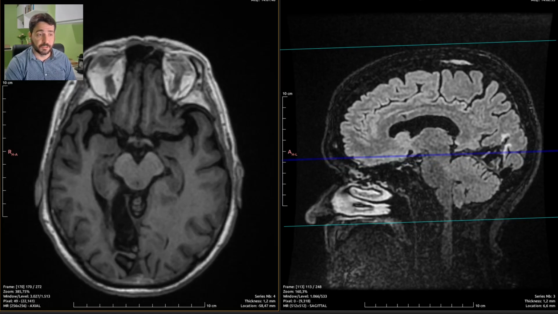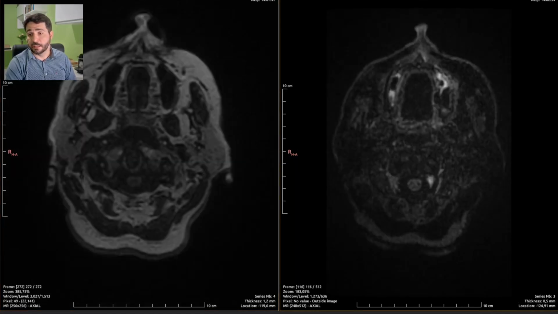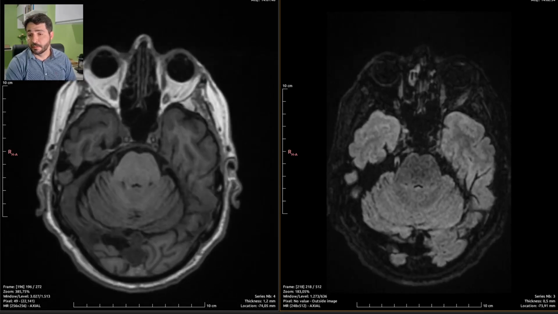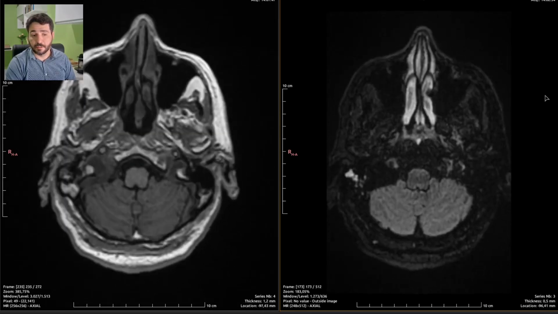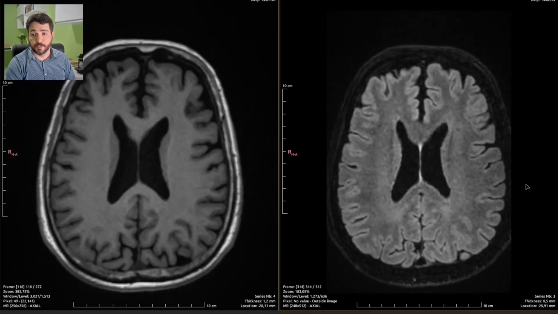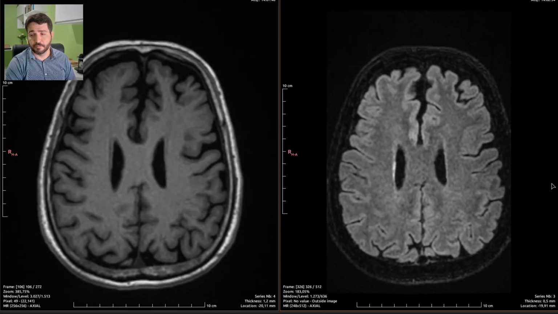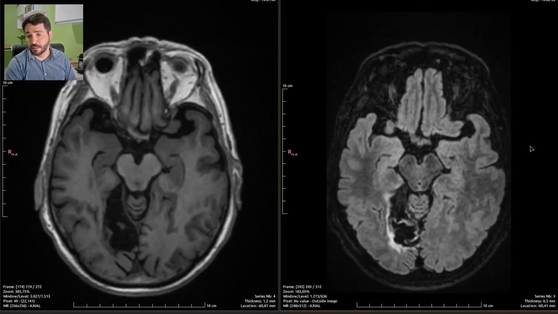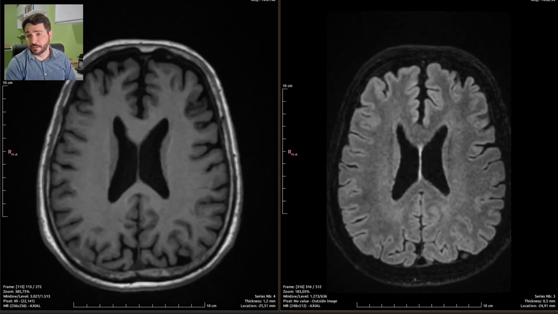This confirms we have a case of chronic stroke. This is a scar. This isn't new, apparently. Also, we have almost no signs of chronic white matter disease.